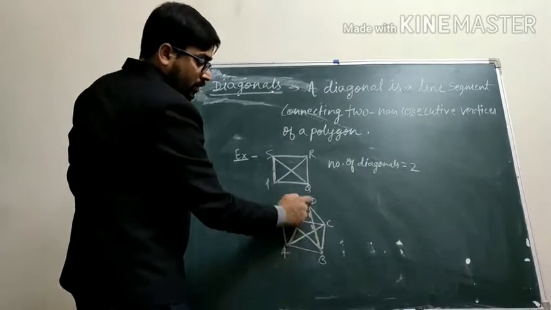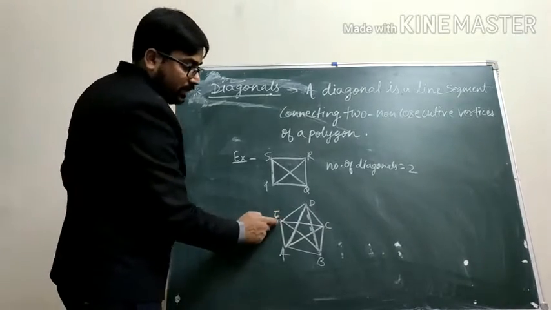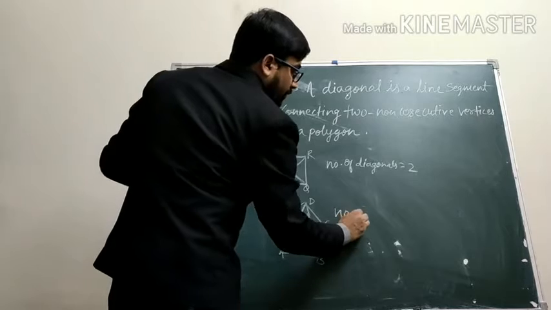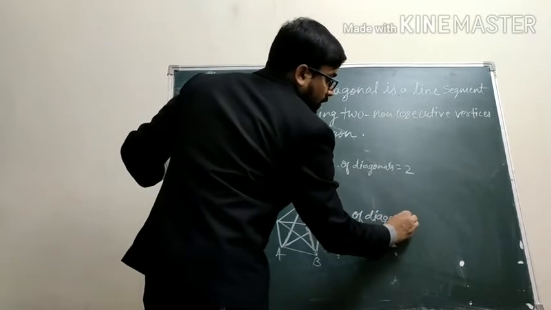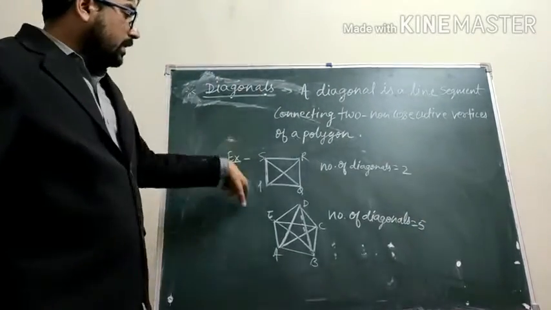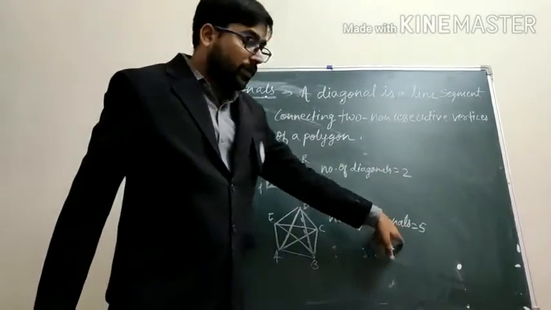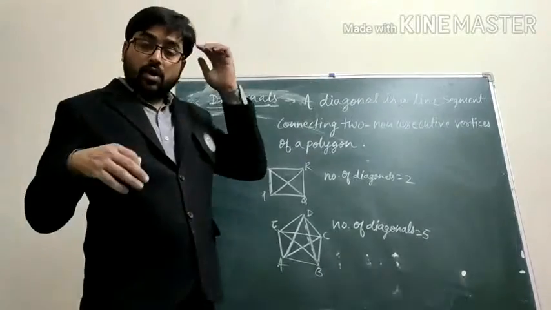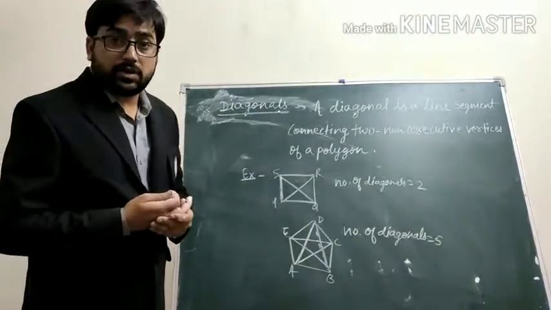A and B already joined. What is the non-consecutive vertices of E? C and B already joined. So number of diagonals in this figure is equal to 5. In square or rectangle, number of diagonals is 2. In pentagon, 5. If asked in octagon, in nonagon, in decagon, how many diagonals are there?